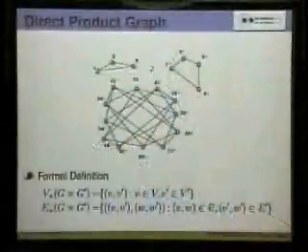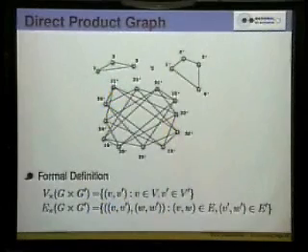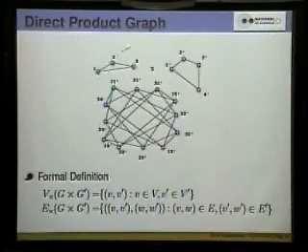So the direct product graph is a very simple graph. Let me illustrate it with an example. Basically what you do is, for every pair of nodes in your original 2 graphs, you have a node in the product graph. So for instance, 1, 1 prime, you would have a node, 1, 2 prime, you would have a node somewhere, and so on and so on.